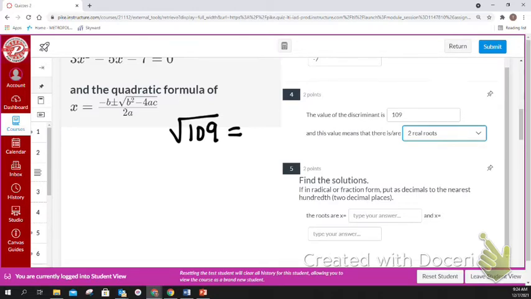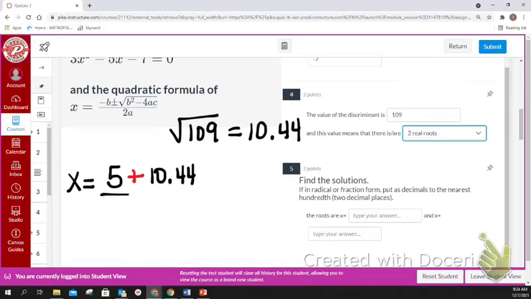So if you take the square root of 109, you should get 10.44. So your first solution is x equals the opposite of b, which is +5 plus 10.44. That's all over 2 times A, which is 3.